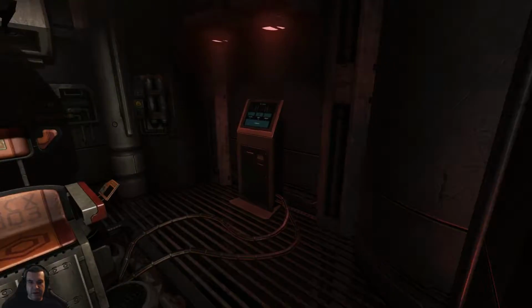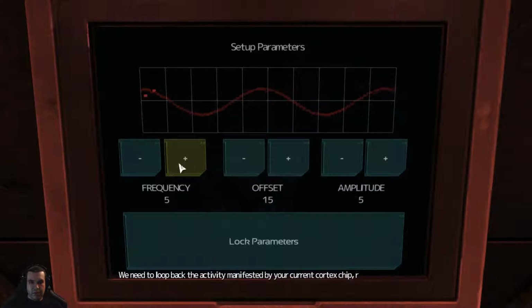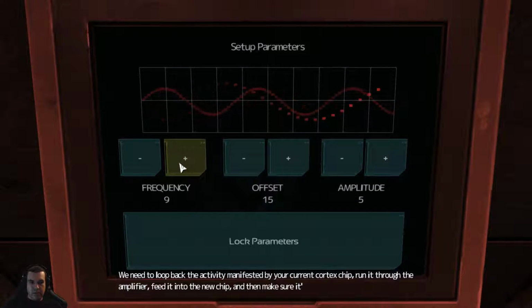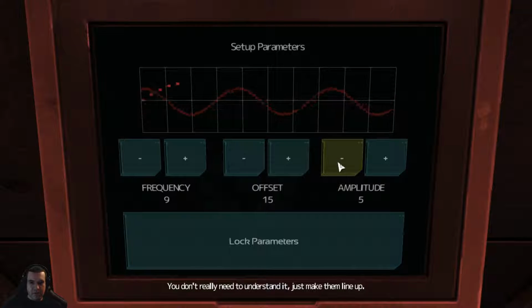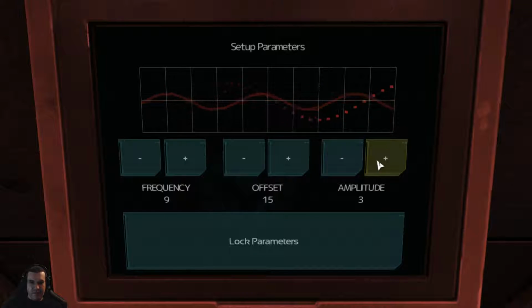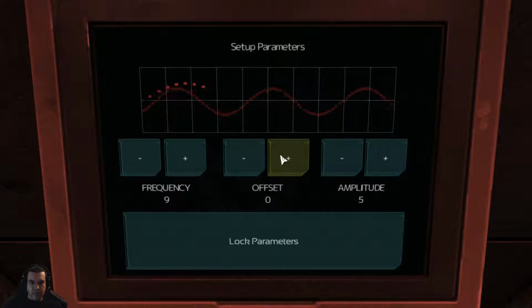Alright, let's check this out. We need to loop back the activity manifested by your current Cortex chip, run it through the amplifier, feed it into the new chip, and then make sure it's synced. You lost me halfway there. You don't really need to understand it, just make them line up. Almost got it.